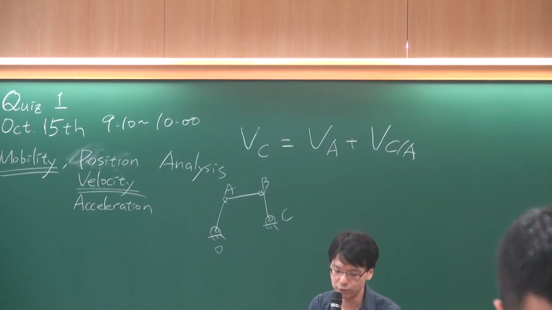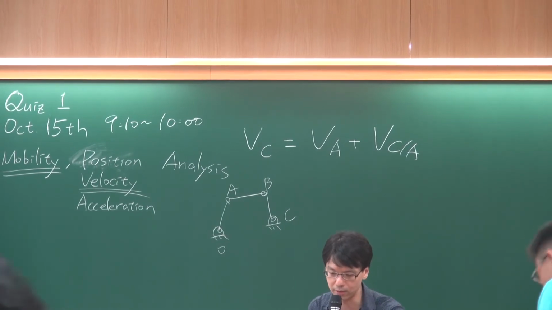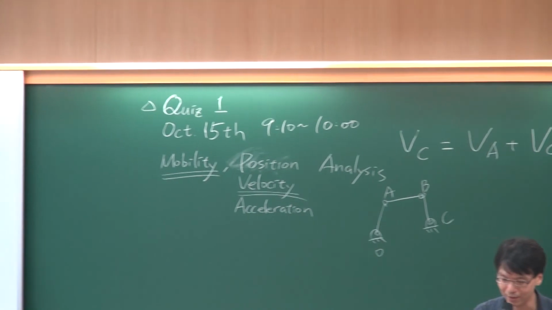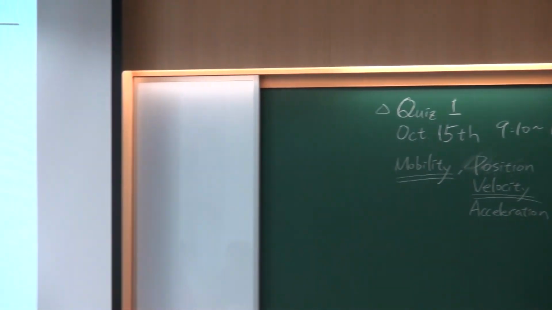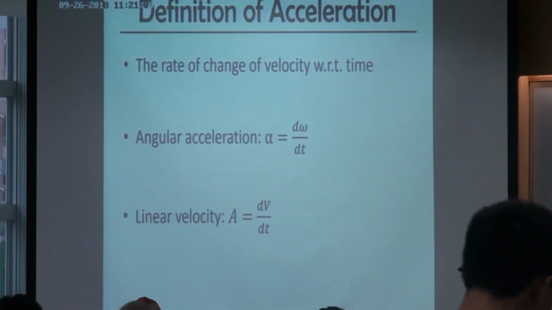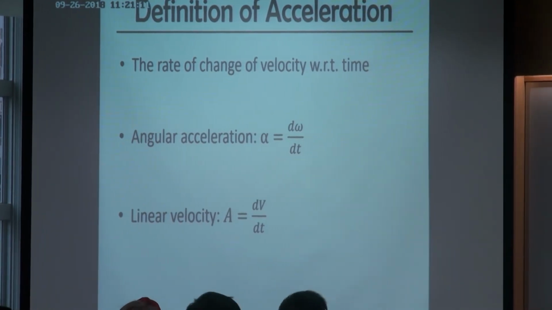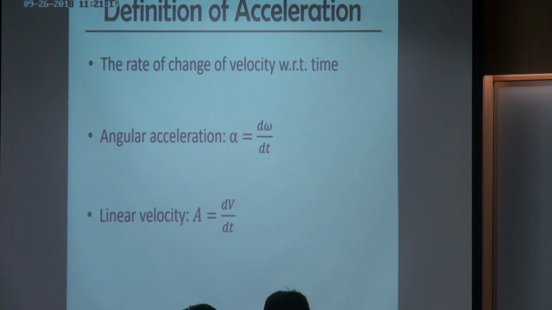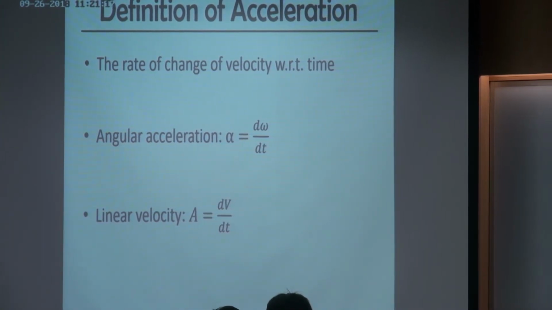So we're going to move to the acceleration analysis, and it's a bit more complicated than velocity analysis. But just a quick review: what exactly is acceleration? Acceleration, by definition, is the rate of change of velocity with respect to time.